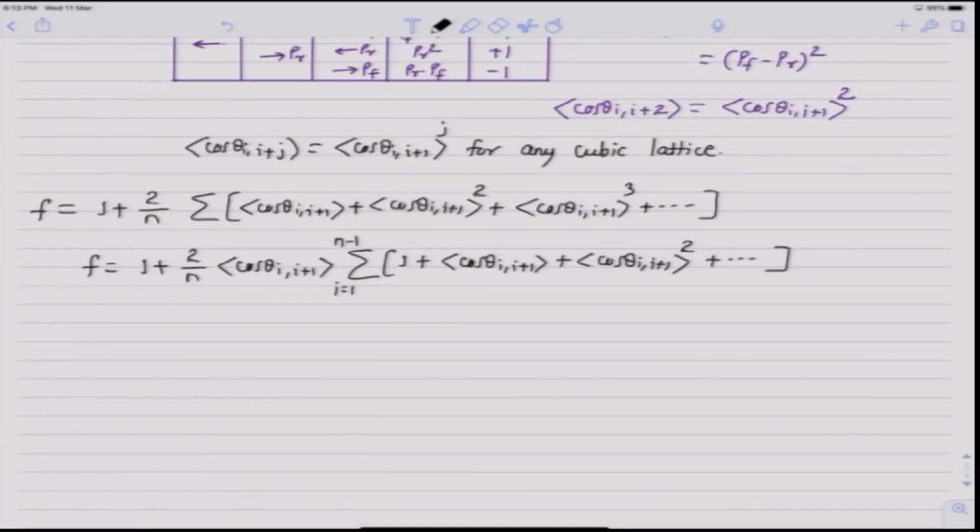Now, this series can be approximated to 1 over 1 minus average cos theta i+1. So, we can write f is equal to 1 plus 2 by n average cos theta i+1 summation of 1 over 1 minus average cos theta i+1, where i goes from 1 to n minus 1.